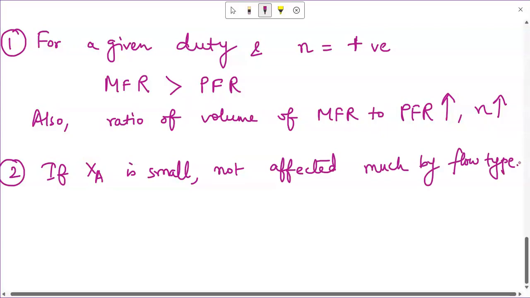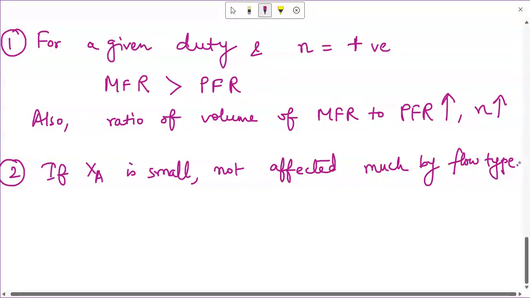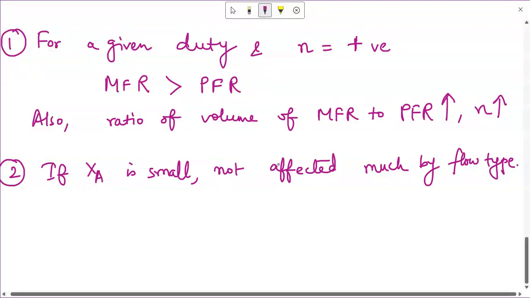The performance ratio increases very rapidly at higher conversion values, and therefore in higher XA ranges you need the proper representation of the flow. Otherwise, for very small XA, whether you use MFR or PFR, the reactor performance is not much different.